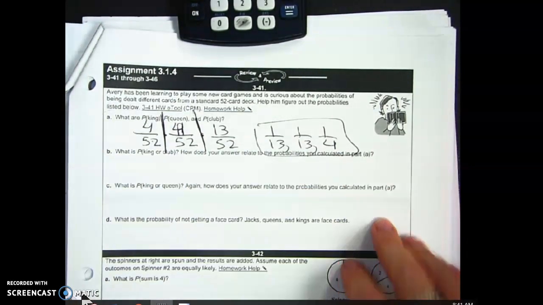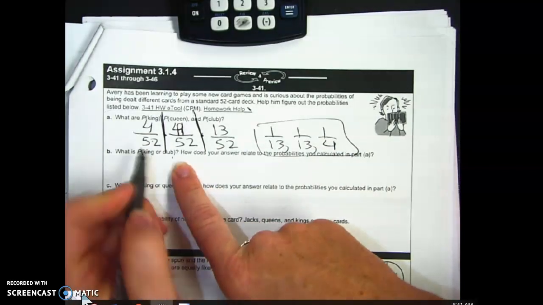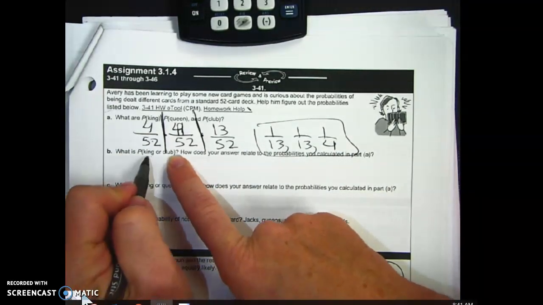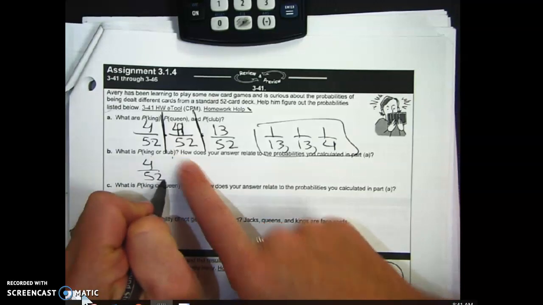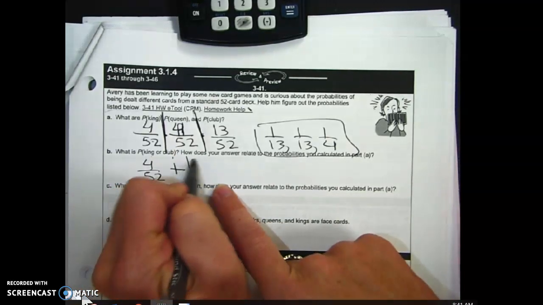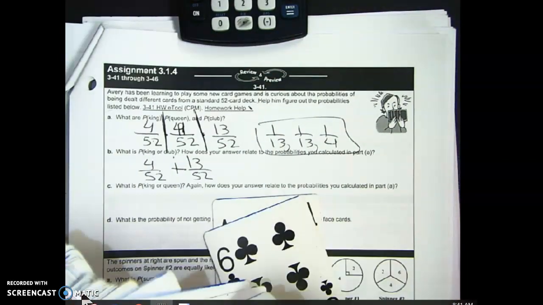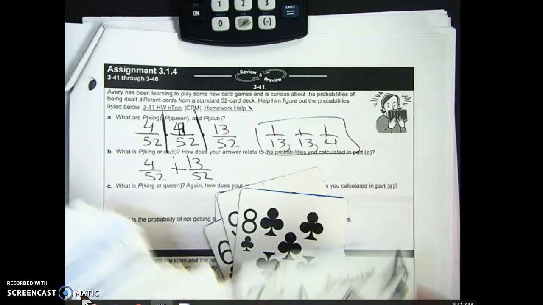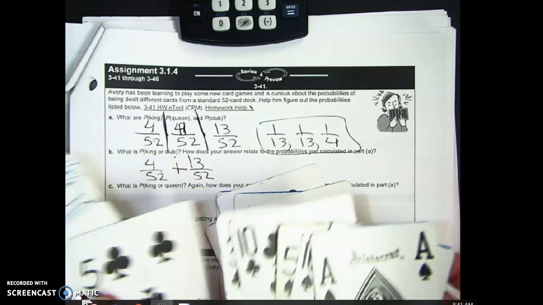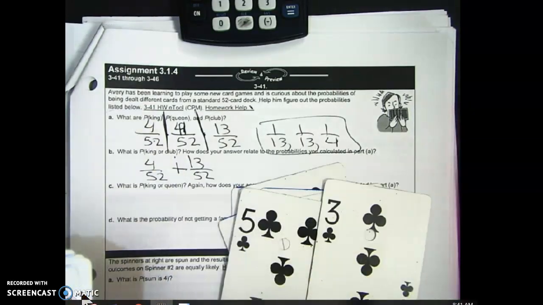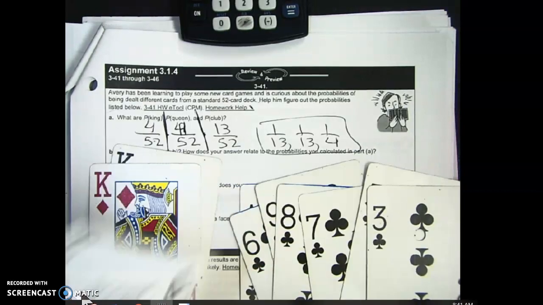Okay? What is the probability of picking a king or a club? Okay, so the kings, there's 4 out of 52. Or a club, there's 13 out of 52. But here's the problem. If I had all the clubs, okay, you get the idea. All the clubs are here, and then all the kings are here.